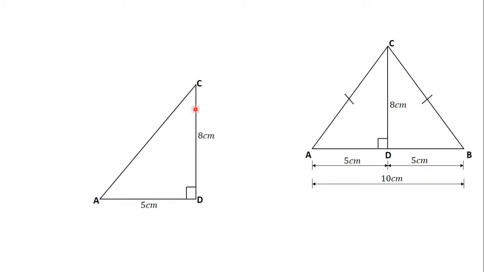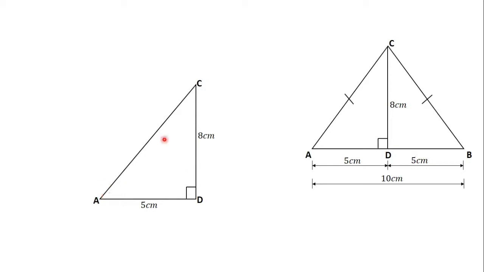Now we want AC, which is a side of the triangle. We have AD and we have DC. We want AC, which is the hypotenuse. We can use the Pythagoras Theorem. As I said at the beginning of the videos on mensuration, we are going to apply the Pythagoras Theorem a lot.